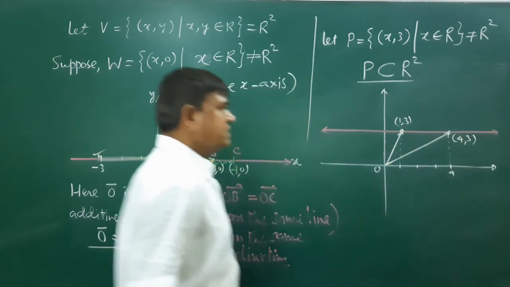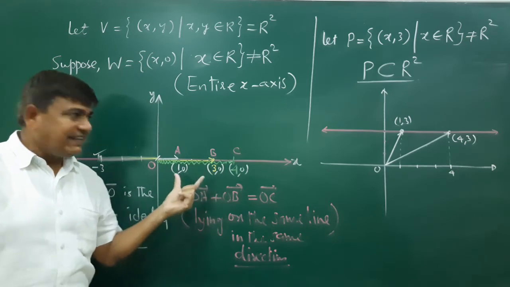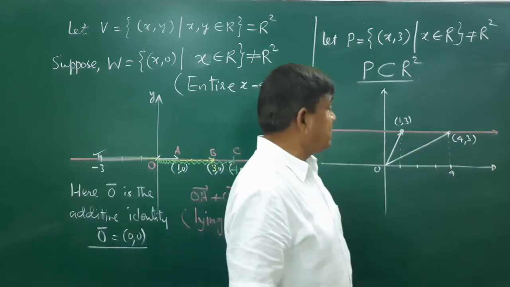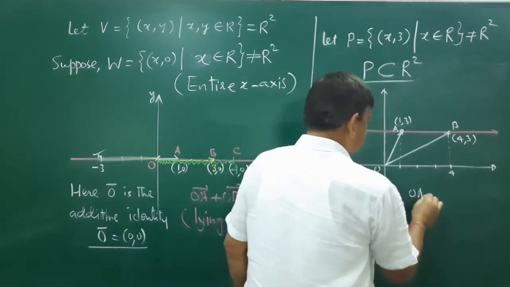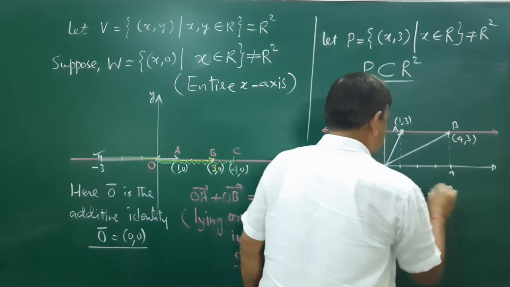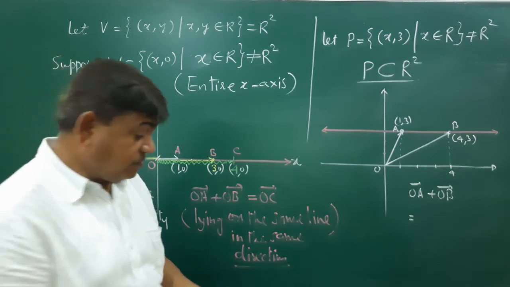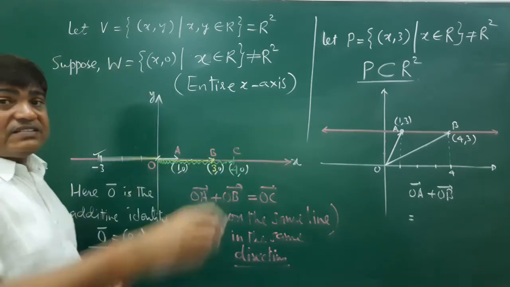Now if we add 2, then the answer is lying on the x-axis. But if we add these, suppose this is OA and here it is OB. This is OA plus OB. What is the answer? To add the position vectors, we have to perform the parallelogram. Here it is not possible because they are collinear, lying on the same line.